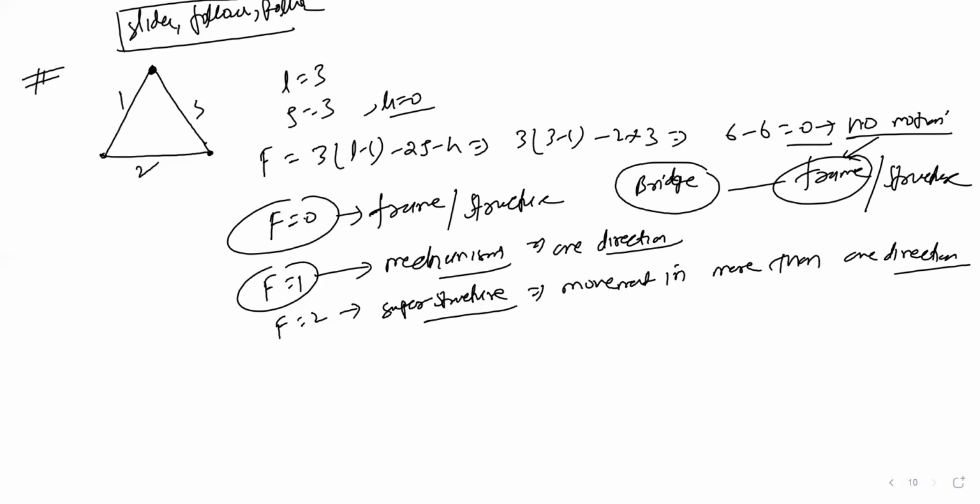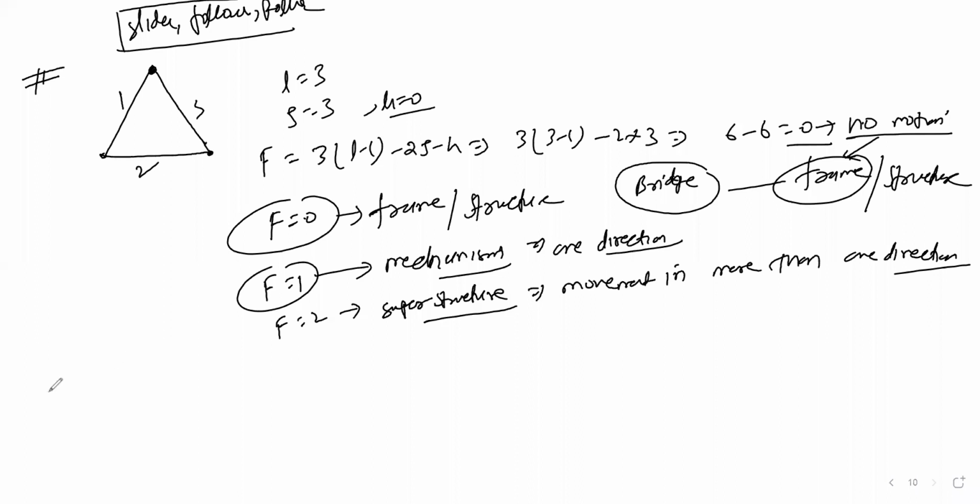So next we will check another example. Okay, so next we will take an example of a 4-bar chain mechanism. How many links are there? 1, 2, 3, 4 links. And how many binary joints? 4 joints.